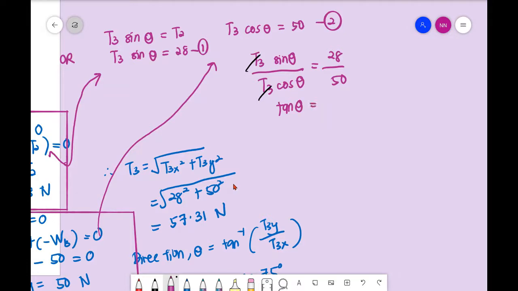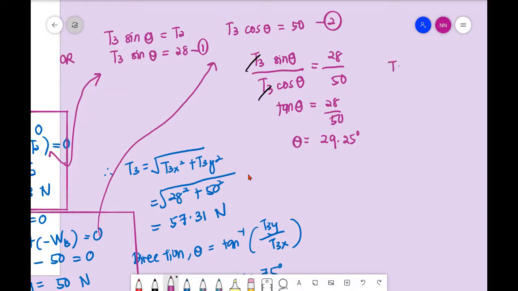Tangent theta equals to 28 over 50. Then you can get the theta. 28 over 50 inverse tangent answer, so it is equals to 29.25 degree.